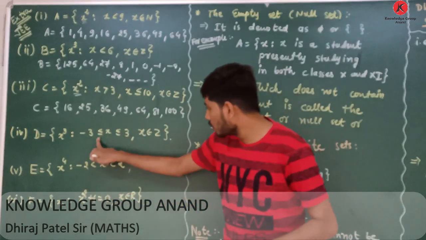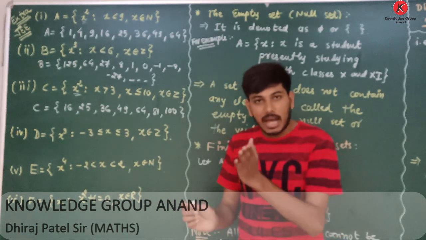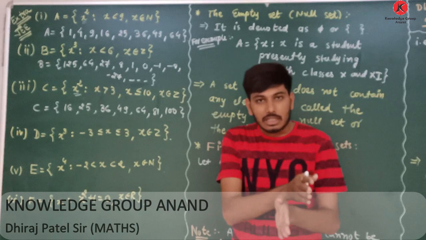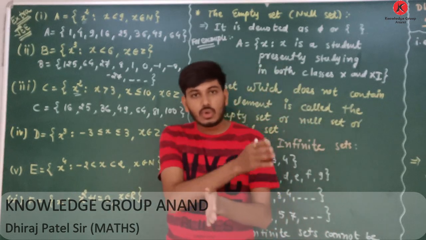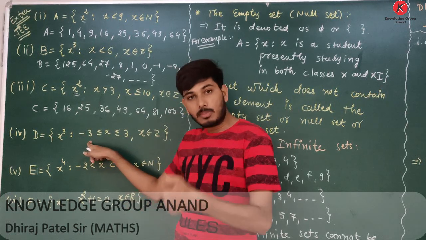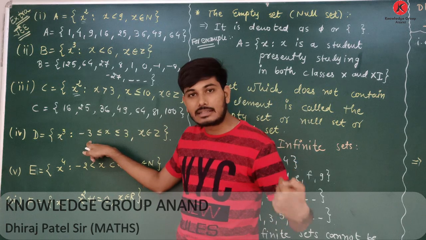Here the equal to sign is there, therefore we can say minus 3, minus 2, minus 1, 0, 1, 2 and 3.